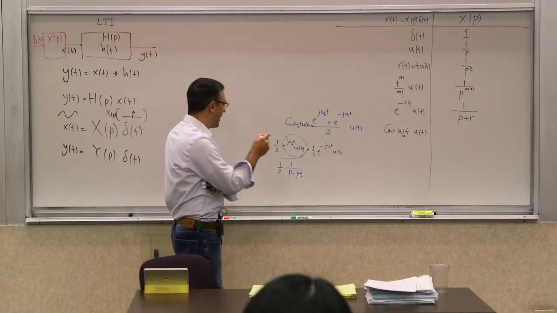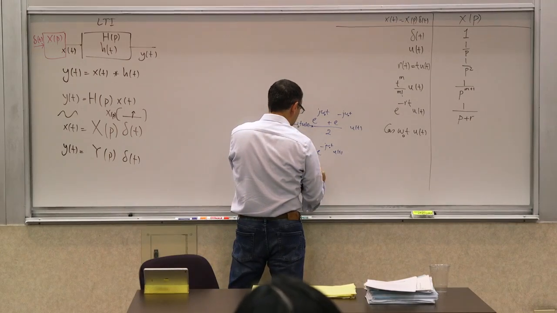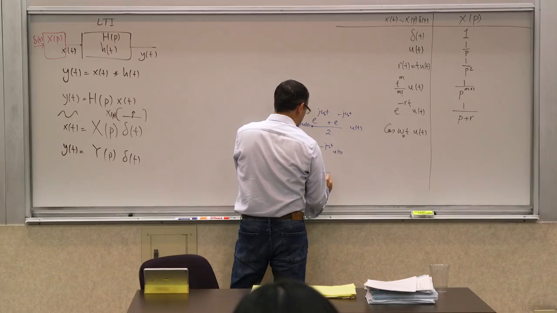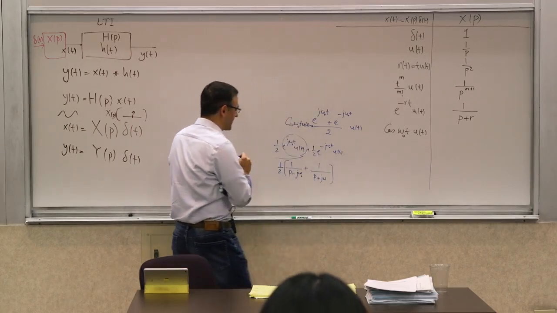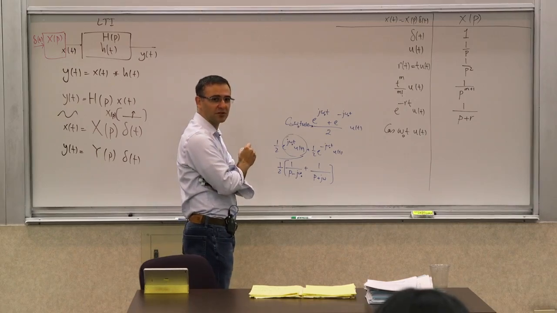Agreed? And how about the other term? What is this one? 1 over p plus j omega. Exactly. So what is the sum of these two fractions?